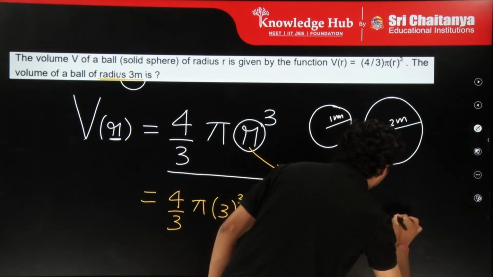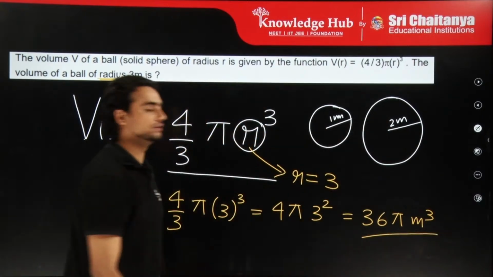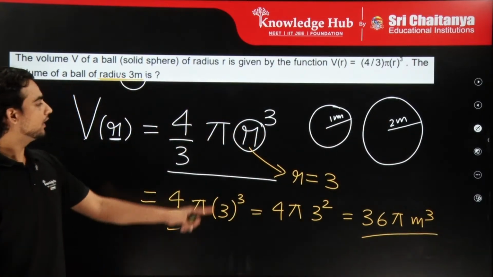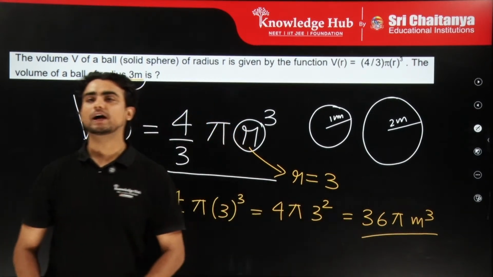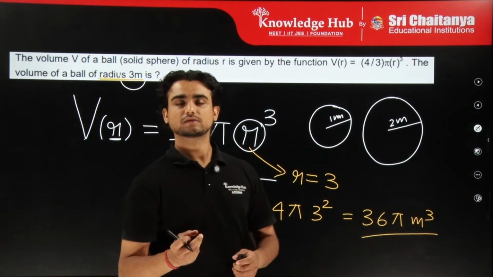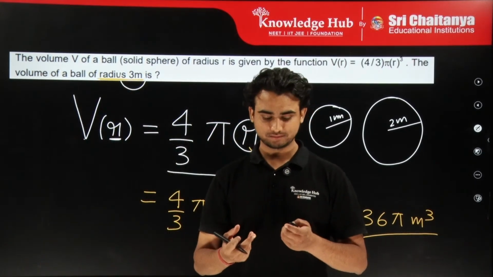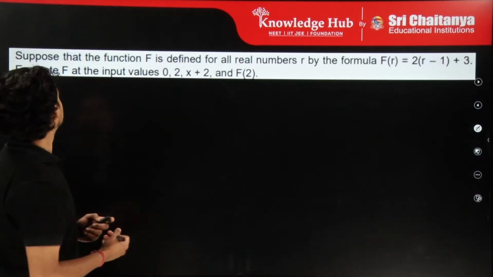So 36 pi meter cube. So this is my answer. So for r equals 3 input, 36 pi is my output, correct? Now I think you know what a function is. There can be many different kinds of functions. So let's do one more question.